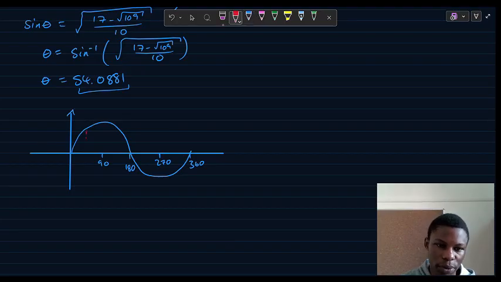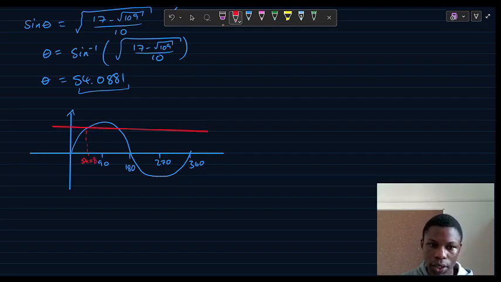So 54.08 would be somewhere here. If I draw a straight line going through here, I can tell that my other solution will be at this point here. By symmetry, this part here should be the same as this part here. So it must mean that this distance here is 54.08.